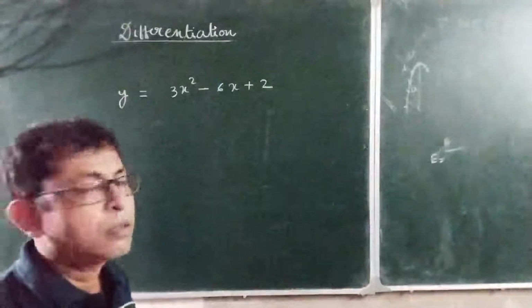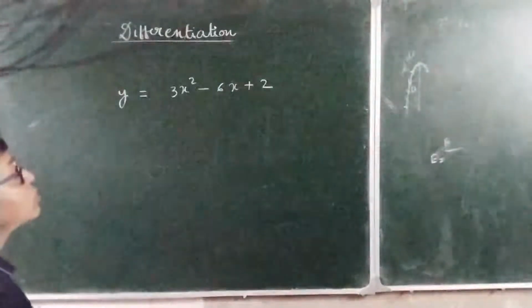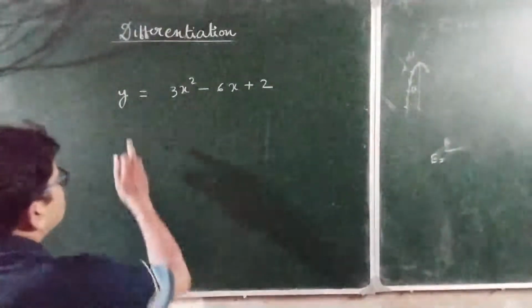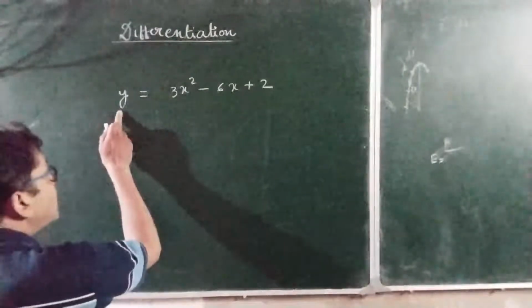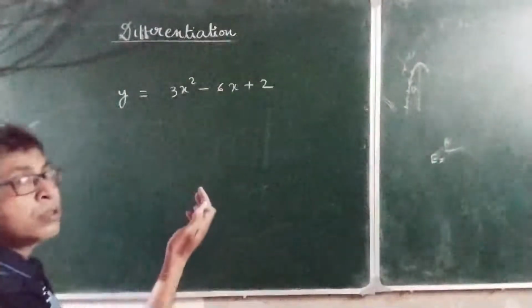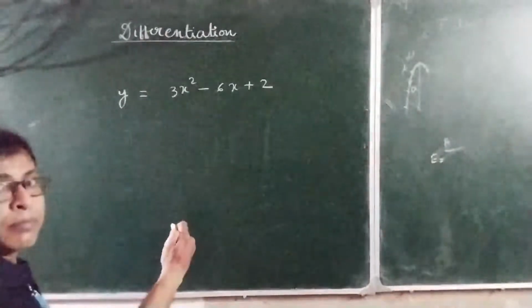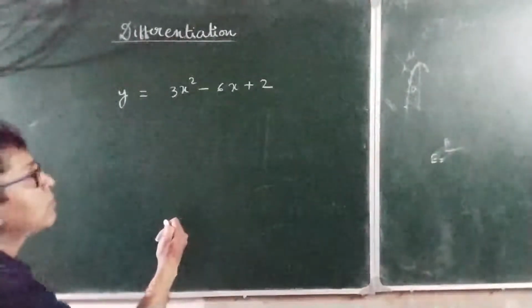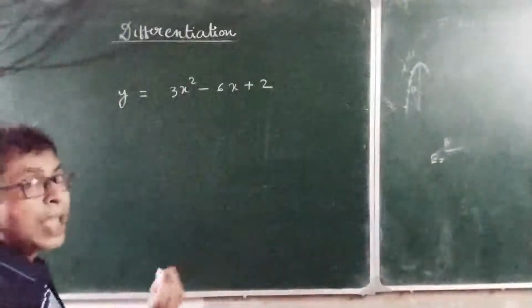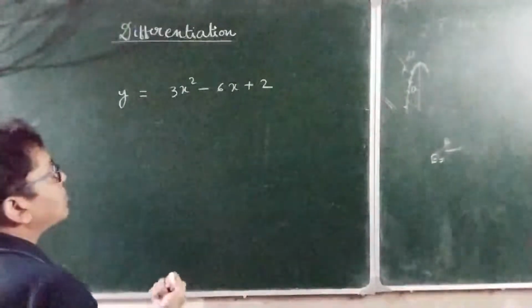In general, what will be its velocity? Velocity is the rate of change of displacement. So if this is displacement, then if we differentiate it with respect to time, we can determine its velocity.